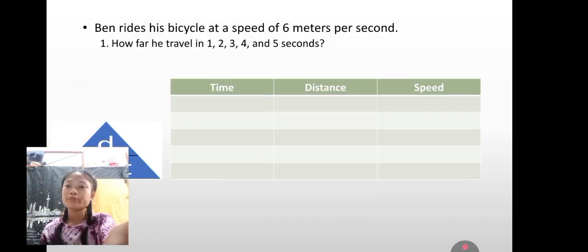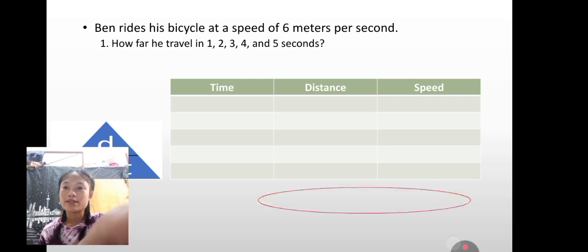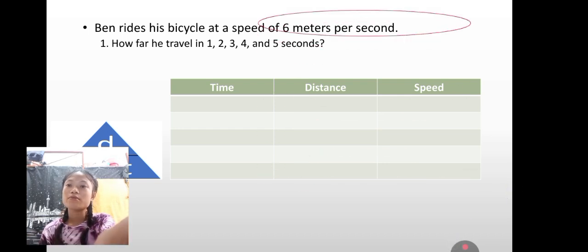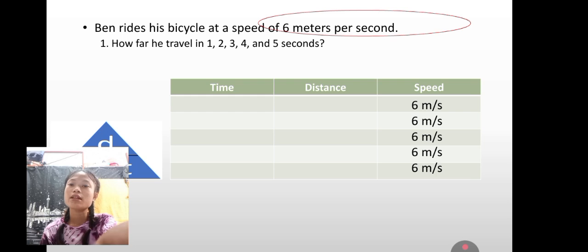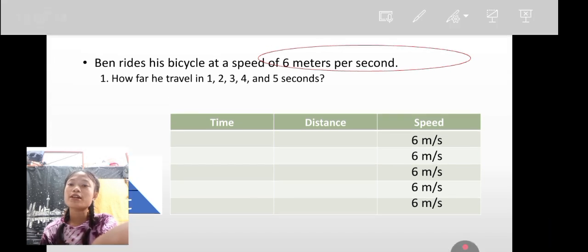Next problem. Ben rides his bicycle at a speed of 6 meters per second. How far does he travel in 1, 2, 3, 4, and 5 seconds? So, 6 meters per second, mao na speed.